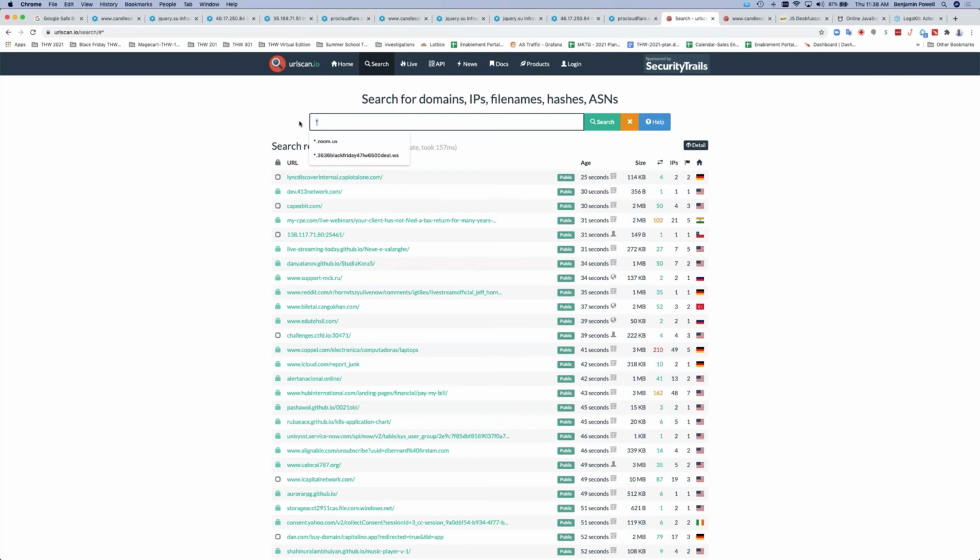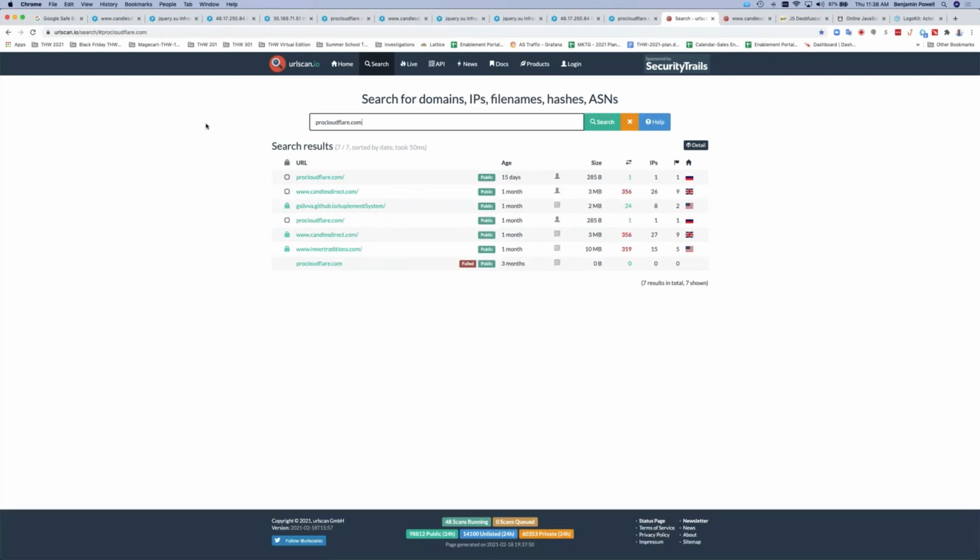I'll put in one of the domains, I'll use procloudflare.com, okay? And I'll search. This will go back and show, over this period of time, all the scans that people have submitted for us to go out and crawl their website. This is like what RiskIQ is doing, grabbing this data and bringing it in, and this becomes what PassiveTotal shows you in there. But this is kind of the building block.